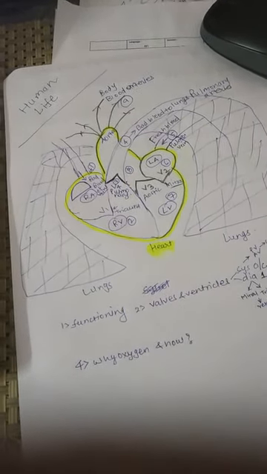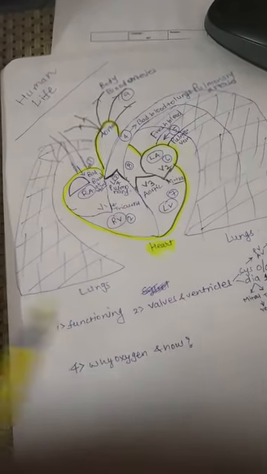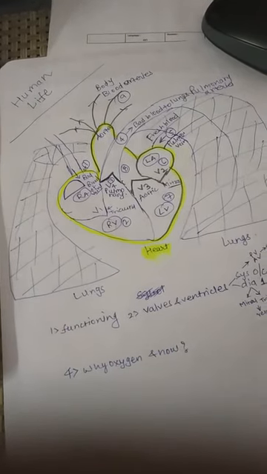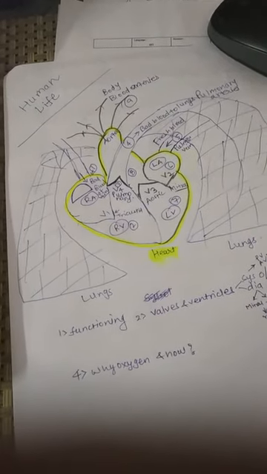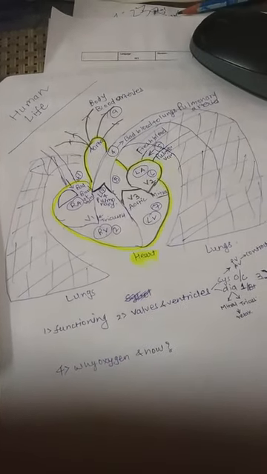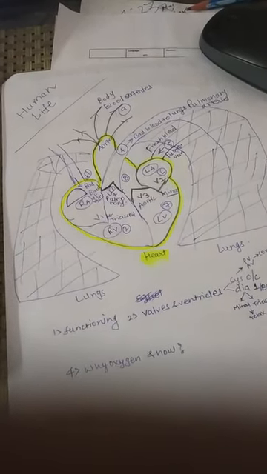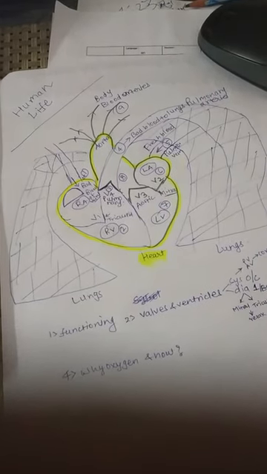If you see clearly, the contraction is done by the ventricles, the lower chambers only. The left ventricle contracts and pushes the good blood, the right ventricle contracts and pushes the bad blood. This is known as the systolic phase of our heart, where the heart works. At that time, the pulmonary and aortic valves are open.